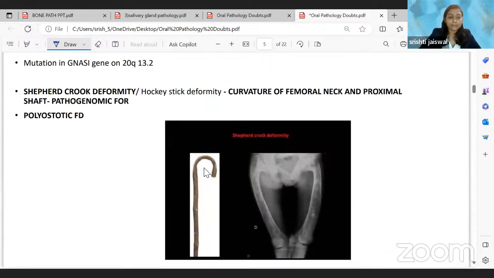I'll show you the image. See, this is also called hockey stick deformity, or Shepherd's crook deformity. It is basically the curvature we see in the femoral neck, and it is a classical feature shown by polyostotic fibrous dysplasia.